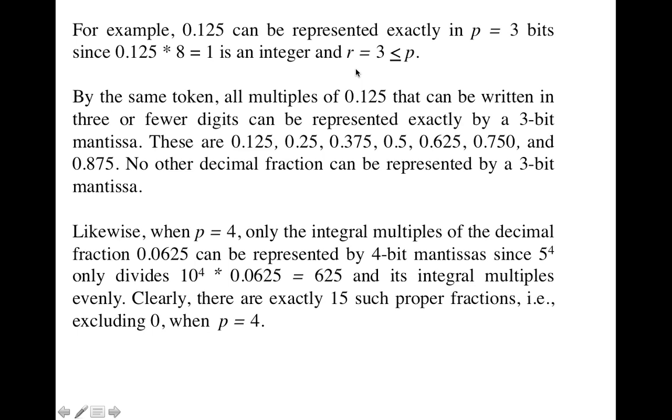And more importantly, the numbers that we could really represent in 3 bits will be just multiples of this number, 0.125. They will be 0.125, 0.25, which is 2 times that, 3 times, 4 times, 5 times, 6 times, 7 times.